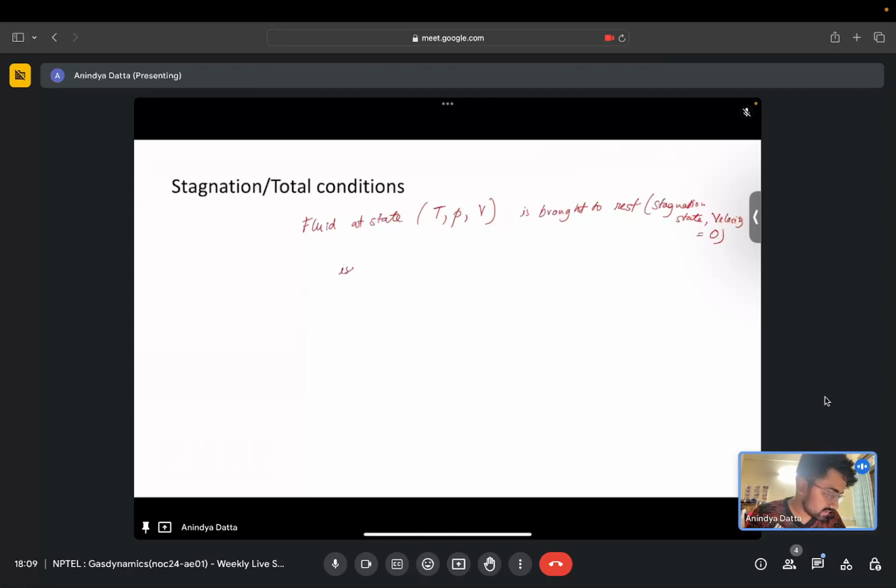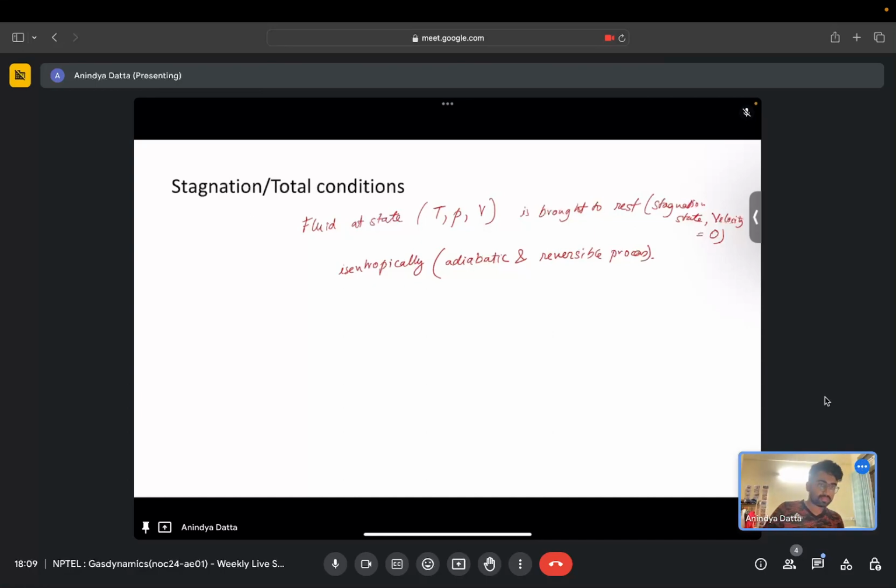And that is done isentropically, which means by an adiabatic and reversible process. Then the state properties that we get, that is what we refer to as stagnation or total properties, right?